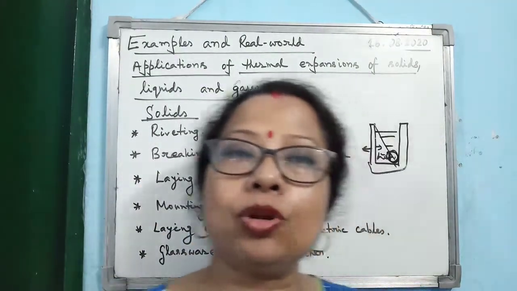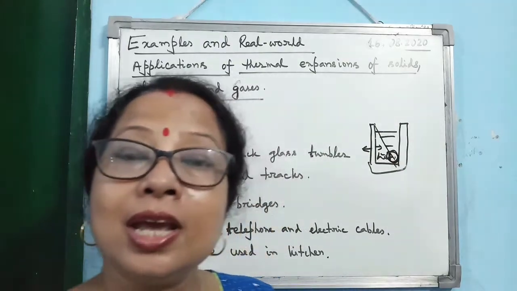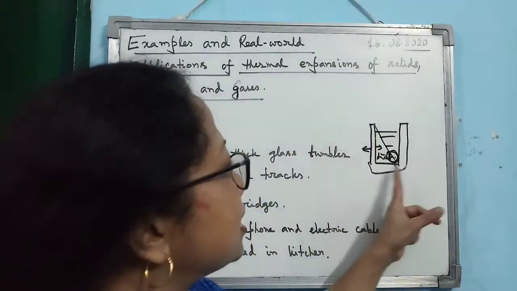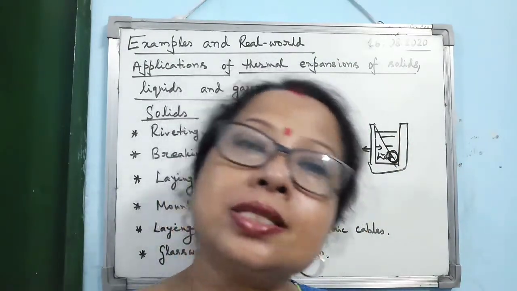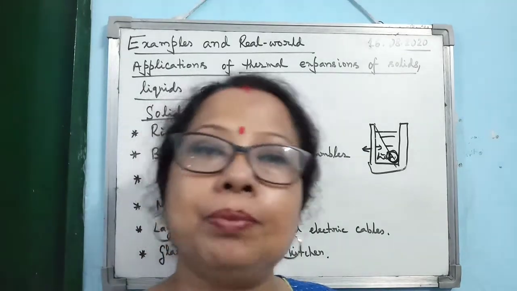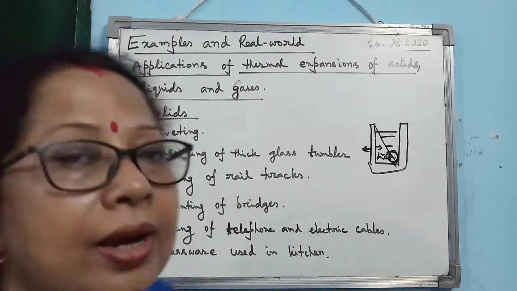When the hot liquid is poured, the metallic spoon, as it is a good conductor of heat, will absorb the heat from the liquid. So, the inner surface will not receive a large amount of heat suddenly, and it will prevent the breaking of the tumbler.